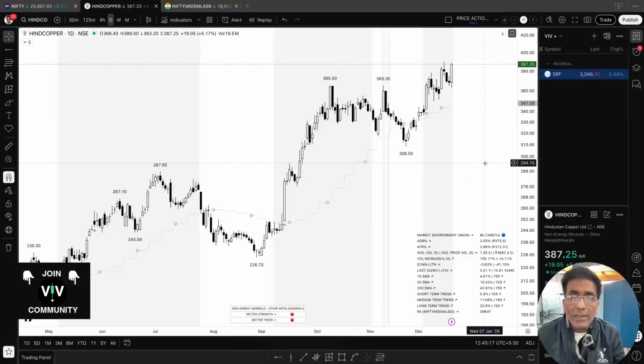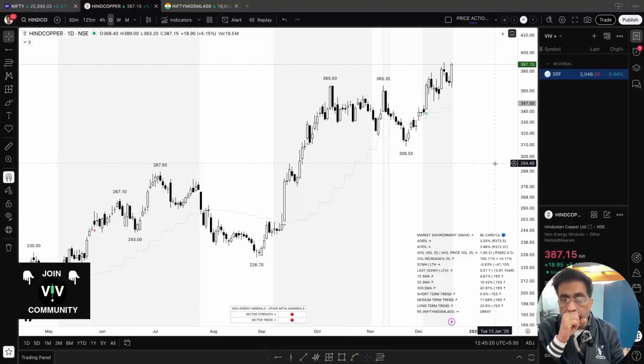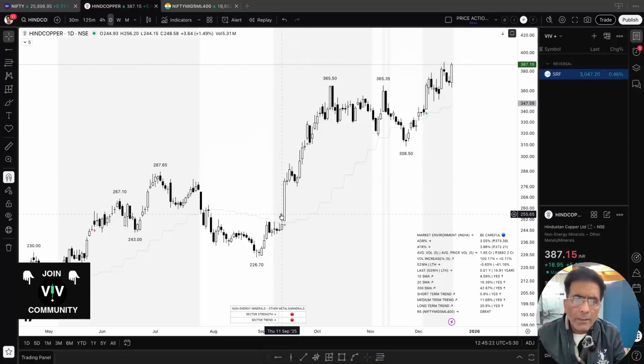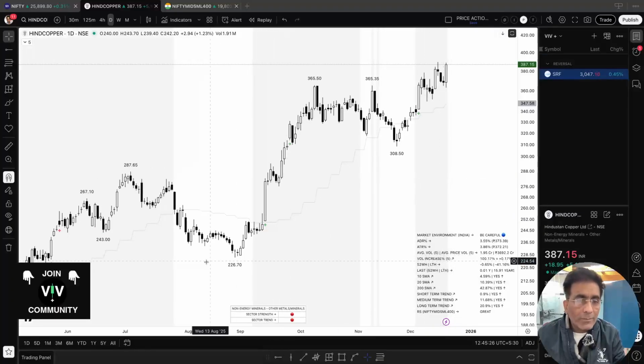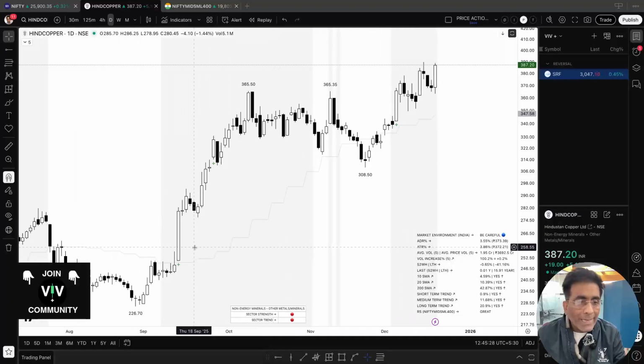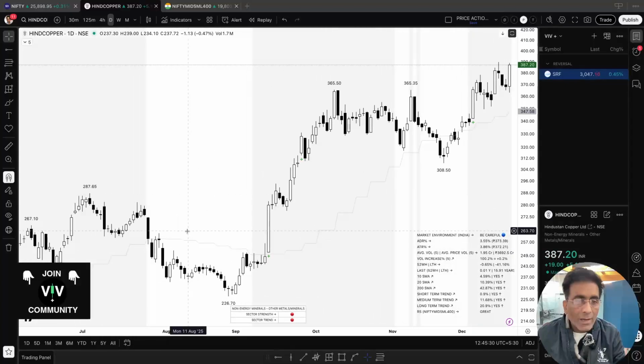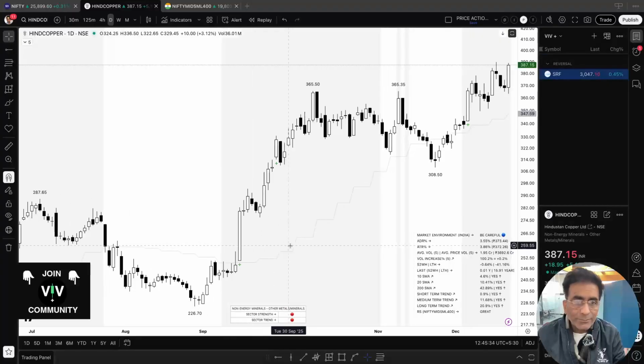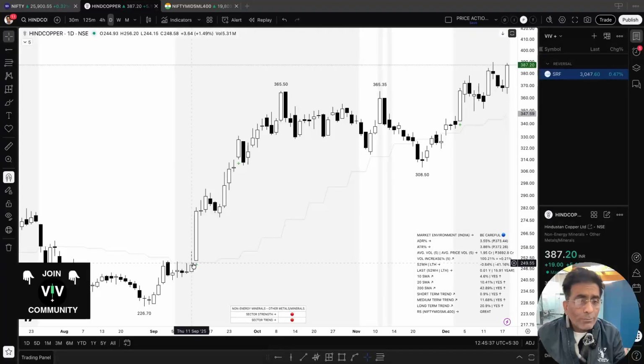Okay, so this is a Hindustan Copper chart. What happened here? See, first the price was far away from the 10-week moving average, and then it reversed before going above the 10-week moving average.